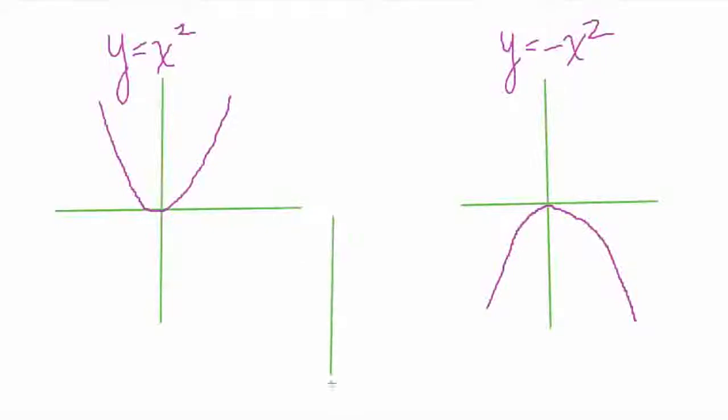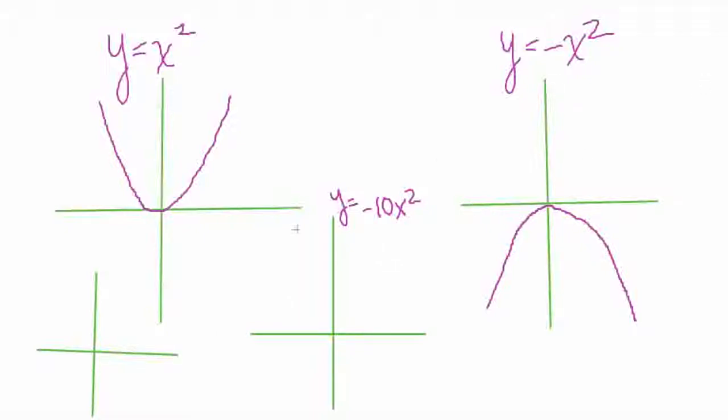Now, what if in addition to the negative sign, I did something like minus 10x squared? Or what if I just did positive 10x squared? Okay, multiplying the y values by 10, clearly that's going to make the heights increase. So you could think of this as stretching the graph vertically.